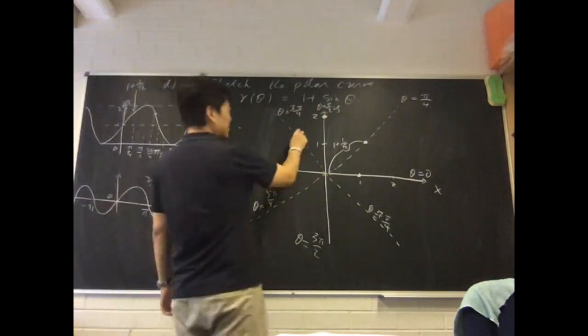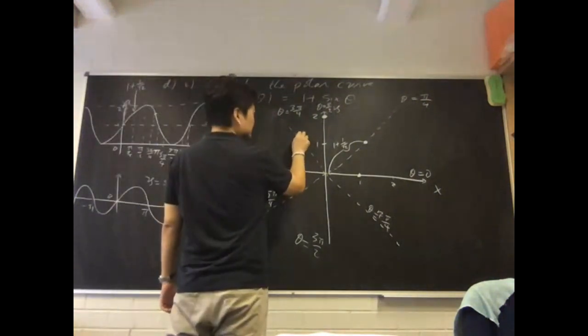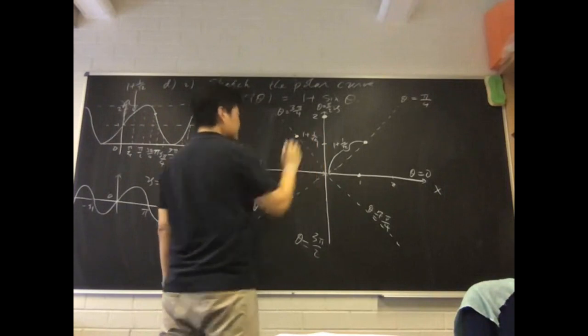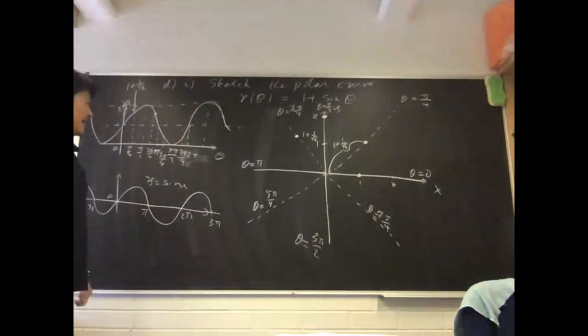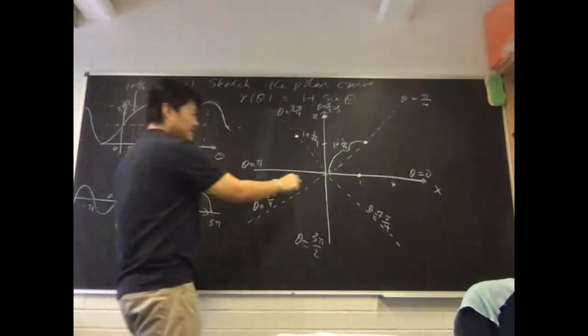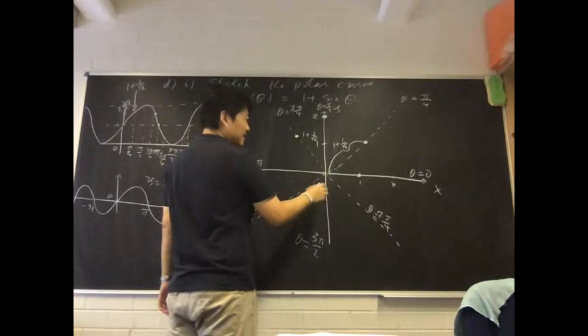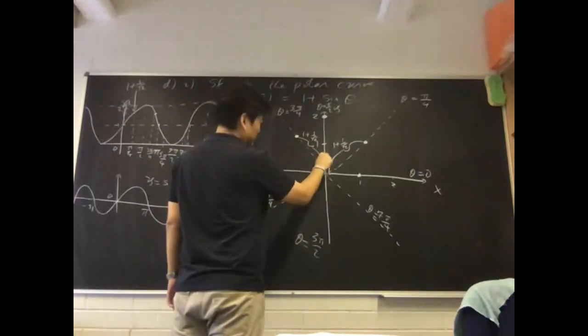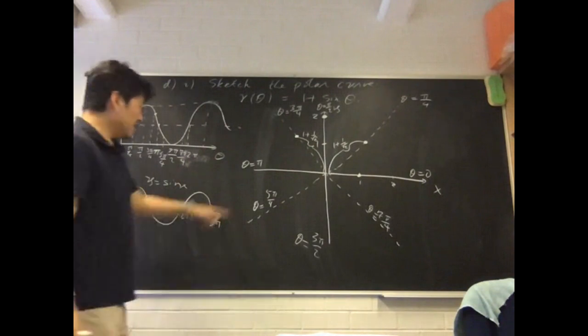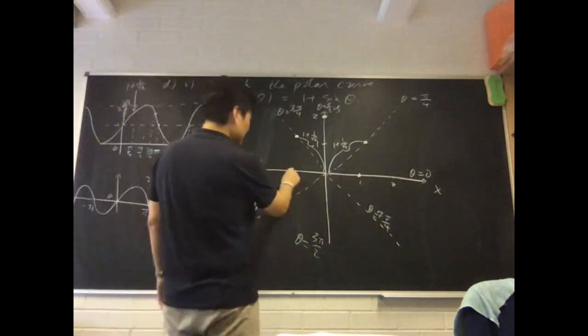So I'm back down here again. That's 1 plus 1 over square root of 2. And when I'm at pi, I'm back down to 1.